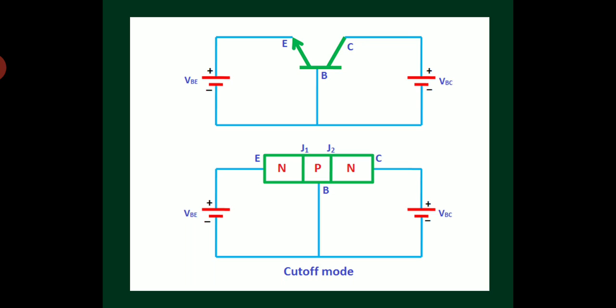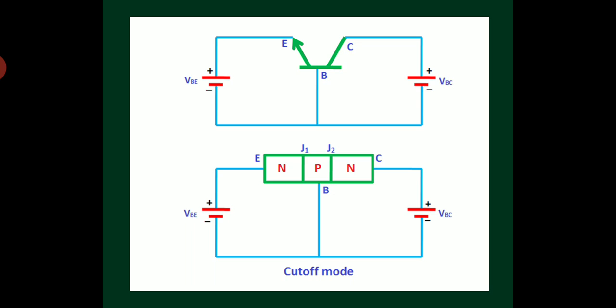Here I am taking the example of an NPN transistor. If I connect the positive terminal of a battery or voltage source to the N-type semiconductor region and the negative terminal to the P-type region, it will form reverse bias.